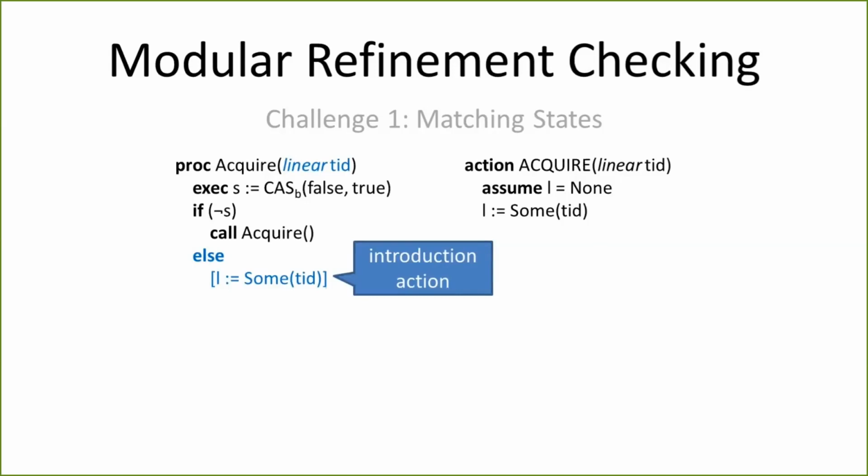So what the programmer writes for procedure acquire is to instrument the code to say, in case the compare and swap operation succeeds, we also want to atomically, in the same step, update the lock variable L to be set to the thread ID of the acquiring thread in a so-called introduction action.